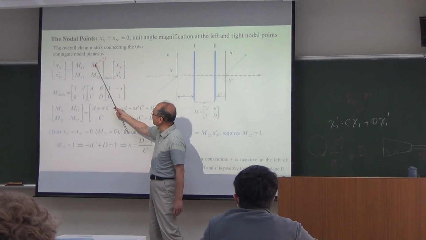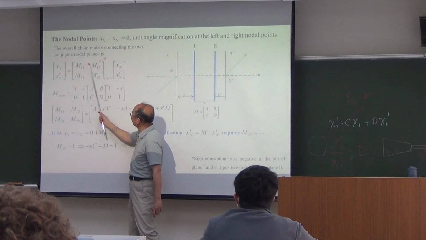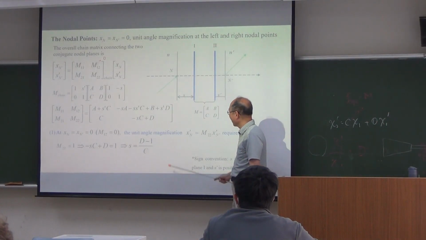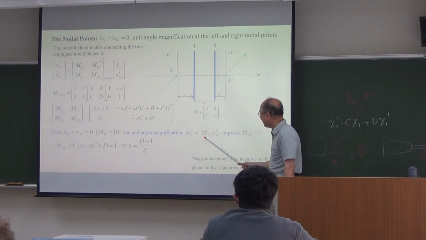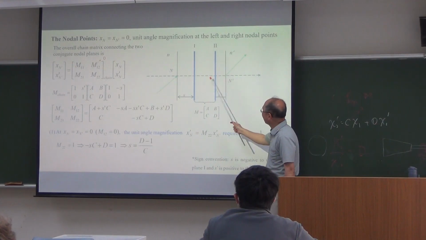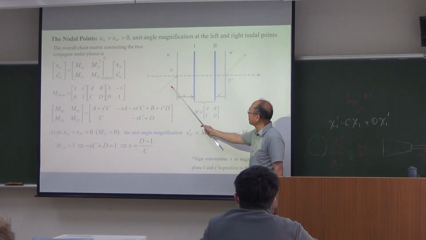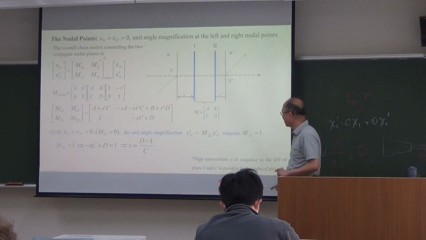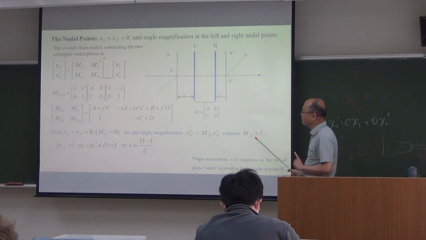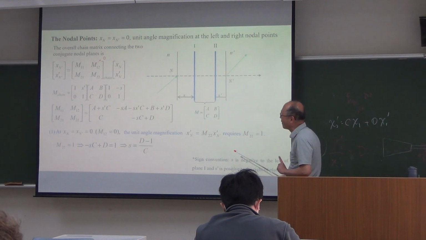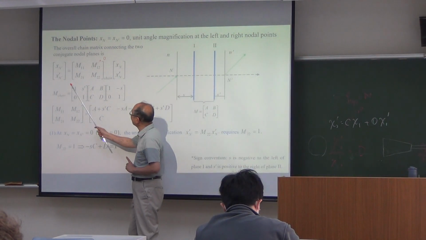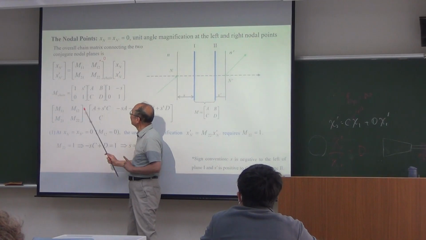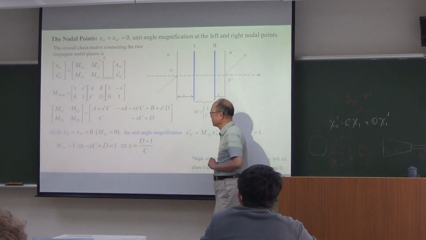This has to be equal to 0. And the angular amplification for these two rays is equal to 1. So this means that M22 has to be equal to 1, because the relationship between the input and output angles is governed by M22.